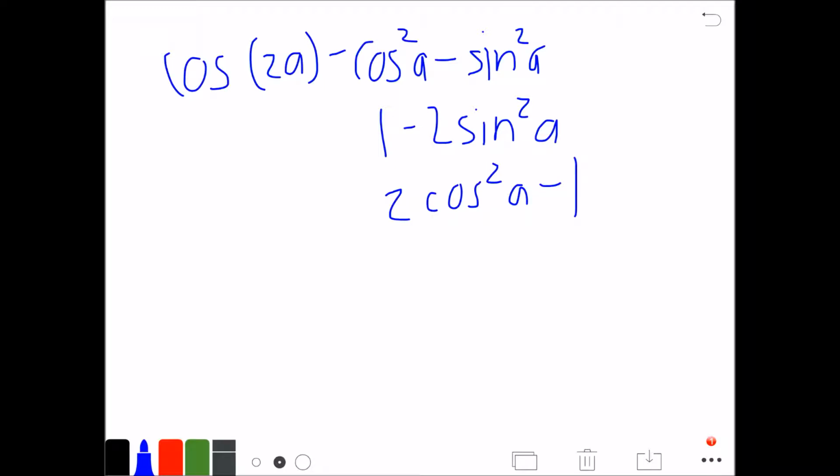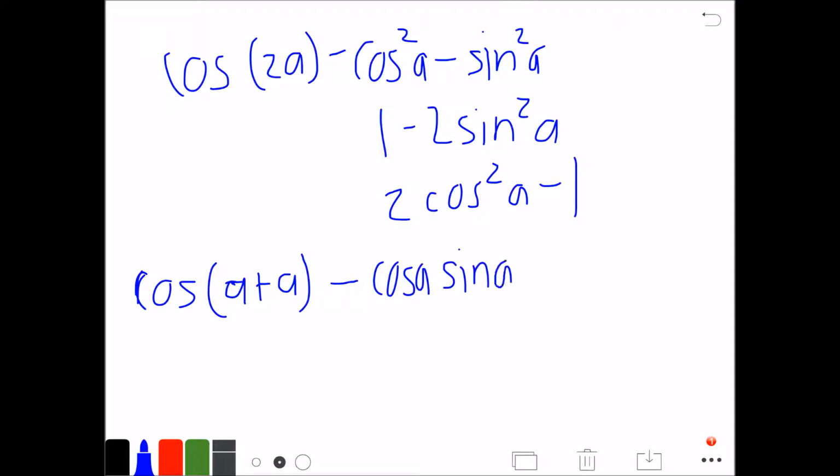So what you want to do is take the cosine of a plus a, back into your addition identities. So you know that the cosine of a plus a is the cosine of a sine of a minus cosine of a sine of a.